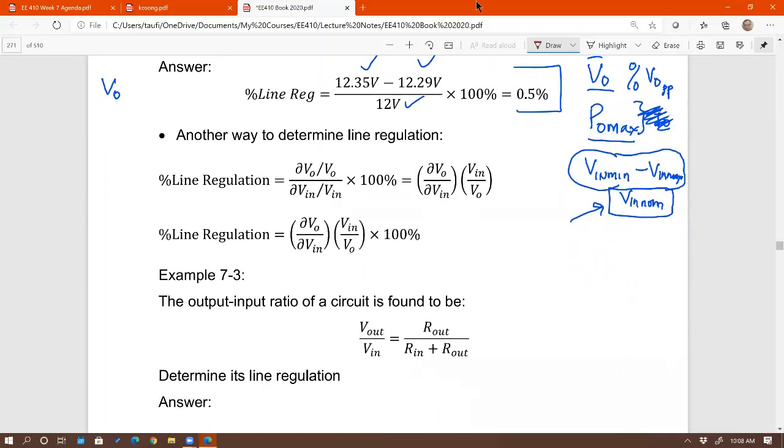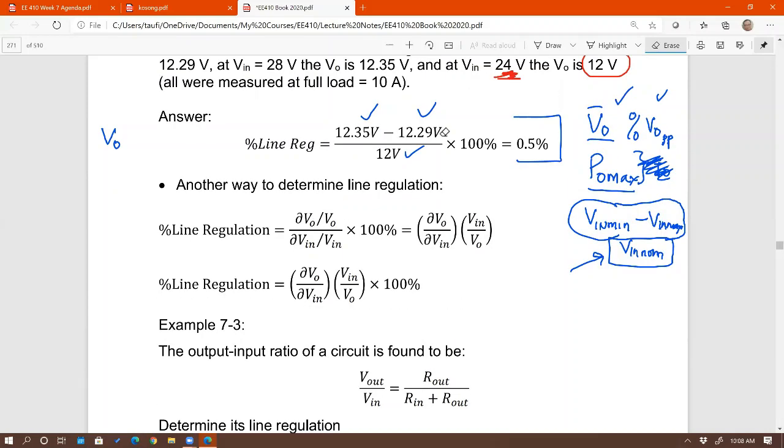Moving on. Let's say that you're designing a DC to DC converter, and you want to be able to predict line regulation. Can you do that? Because the equation that I gave you earlier can only be used if you have the prototype or the DC to DC converter in front of you.